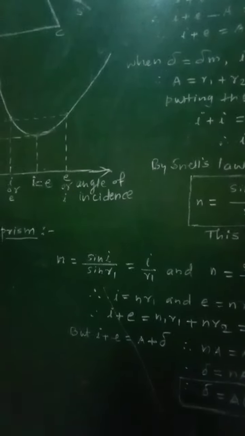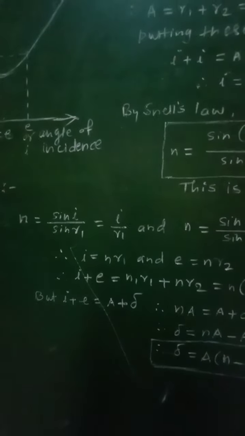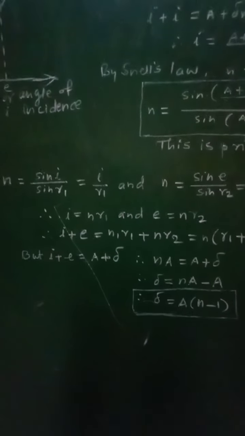So a prism is said to be a thin prism if the refracting angle, that is A, of the prism is less than 10 degrees. That is, the refracting angle of the prism, or angle of prism, will be very, very small.